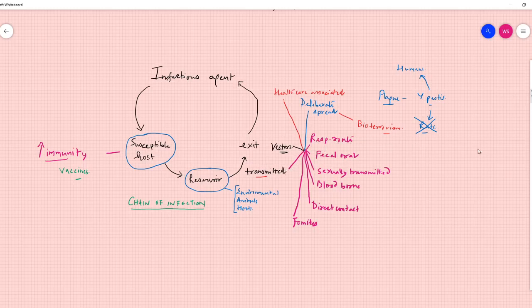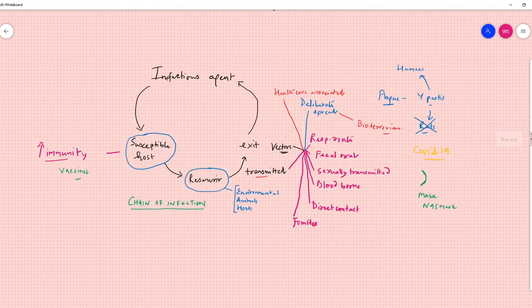Let's take the example of the current COVID-19. That color is not very clear, so we'll use a different one. So COVID-19 infection. How do we prevent the spread? We try to use a mask. There is an N95 mask. Let's assume this is a mask, and this is the mouth of the person, and this is the mask.